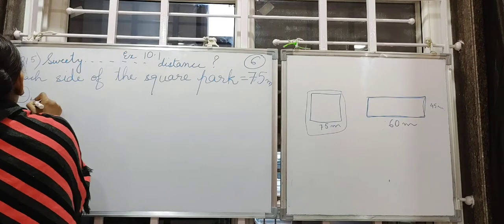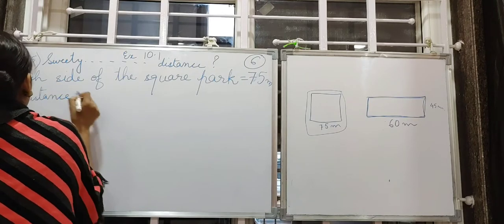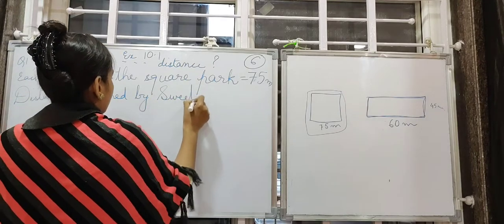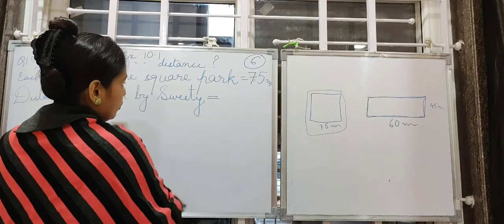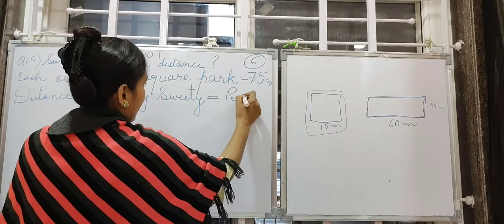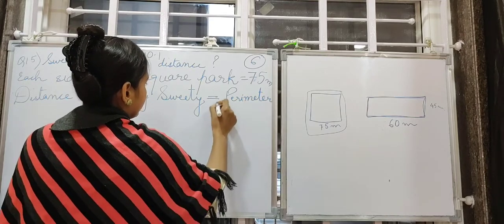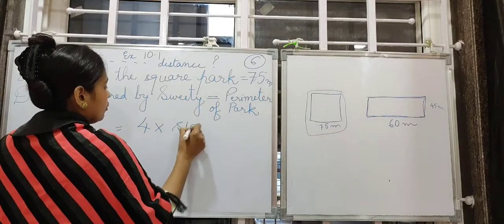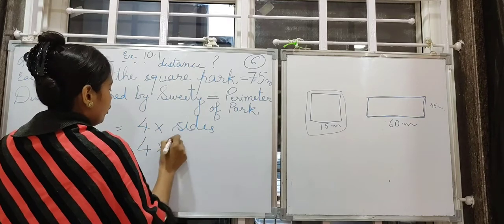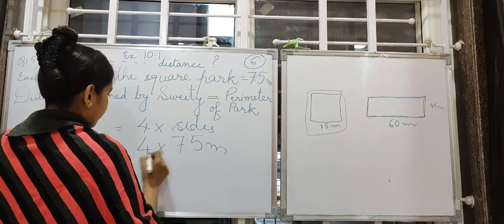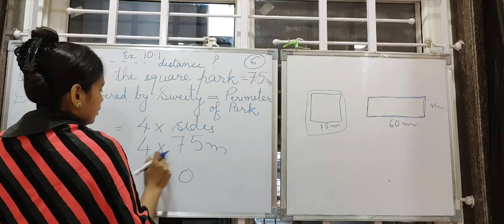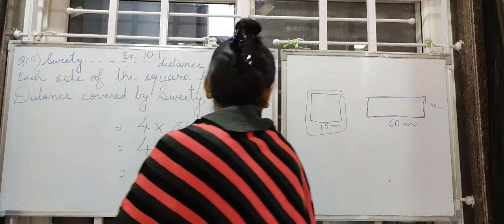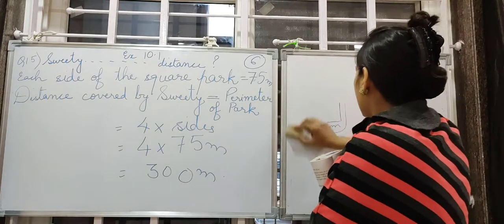So we are going to write distance covered by Sweetie, which is equal to perimeter of park, which is equal to 4 into sides, that is 4 into 75. 4 5s are 20, 4 7s are 28, plus 2 is 30. 300 meters.